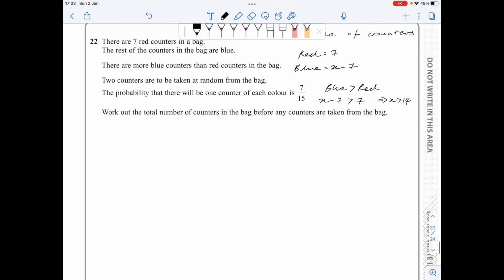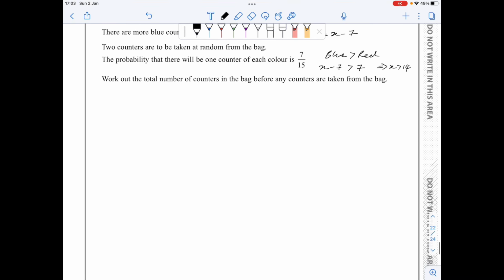So let's try and create a tree diagram. Although we are not asked to do a tree diagram, it will be helpful to reach an equation. Now for the first selection, there are 7 red out of a total of x. So 7 over x is the probability of selecting a red one.